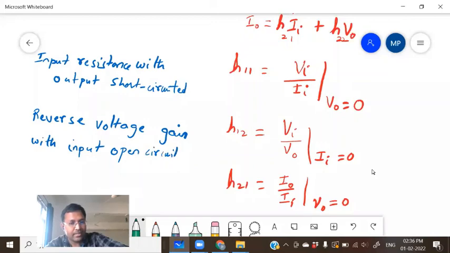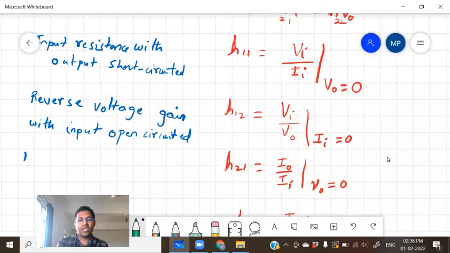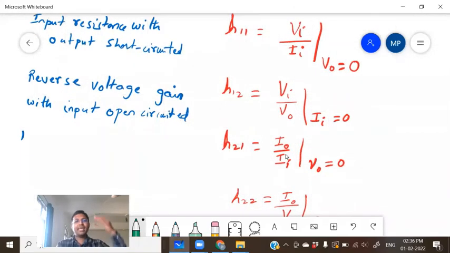Similarly, H21 is I naught by II, output current by input current.